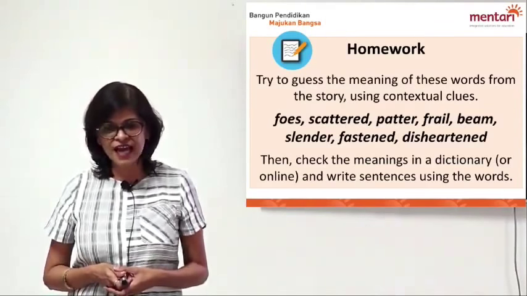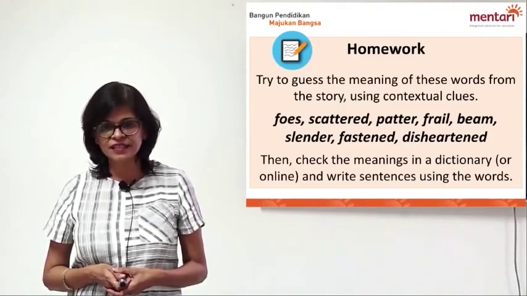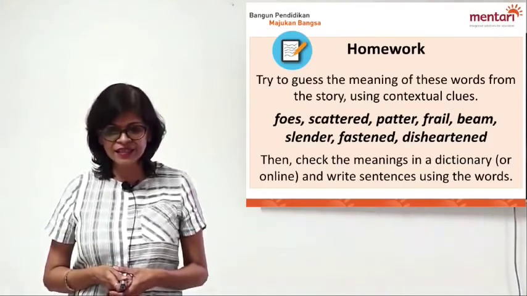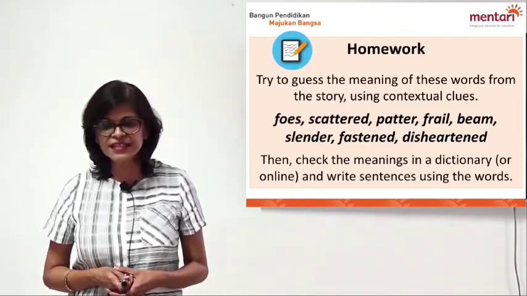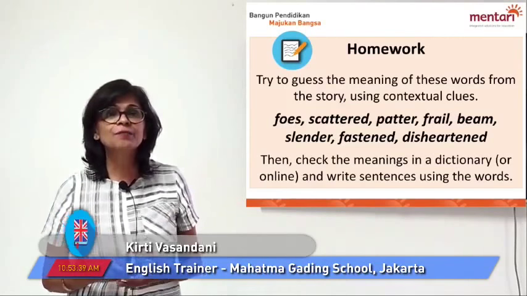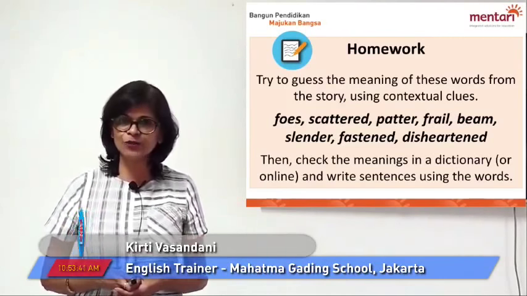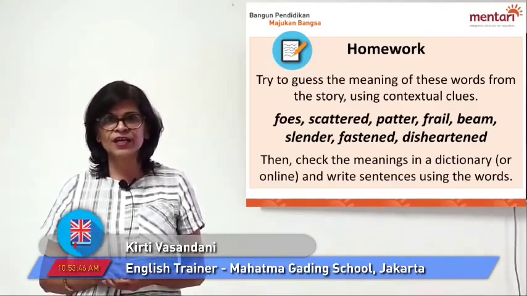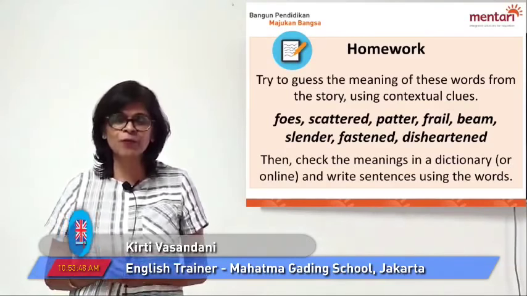Force, scattered, patter, frail, beam, slender, fasten, dishearten. Try to find the meaning of these words without using a dictionary. Find the clues in the story so you can connect with the proper answer.